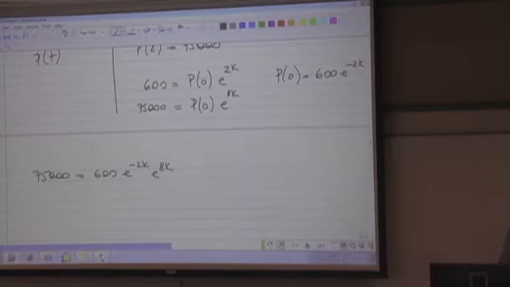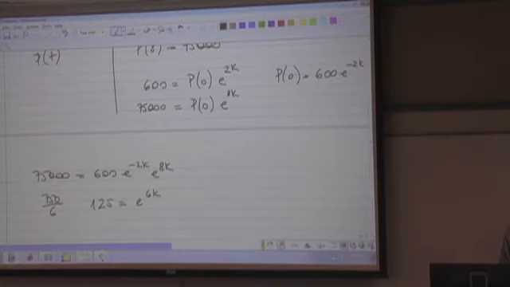So 750 divided by 6, which obviously we can divide, what do we get? 125, right? Is equal to e to the 6k.